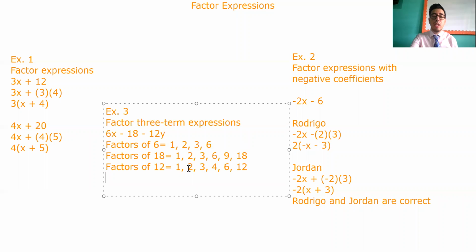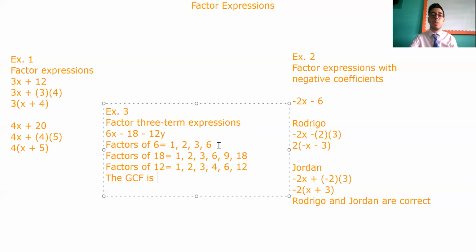Then, what is going to be the greatest common factor? The greatest common factor is... 1 is in common in all the terms, but it's not the greatest. 2 is in all the terms, but it's not the greatest one. 3 is in all the terms, but it's not the greatest. 4 is only in this term, so it's not 4. 6 is in all the terms, and it's the greatest because 6 is greater than 3, greater than 2, and 6 is greater than 1.